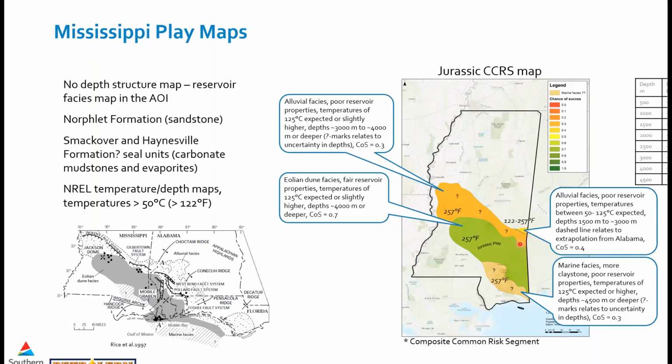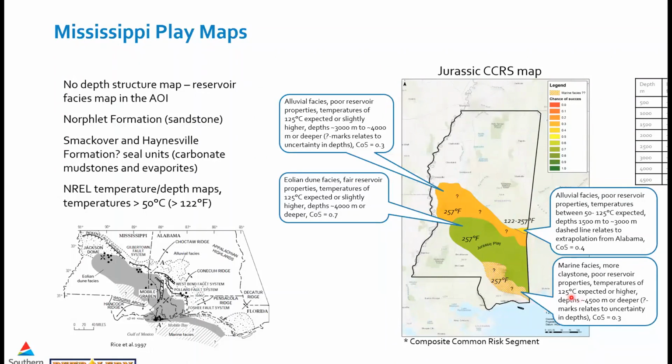Going deeper into the basin and the depositional environment, we are entering into possible marine facies where you have more claystone. Again, your reservoir properties probably suffer from being so deeply buried, and also from introducing more claystone.